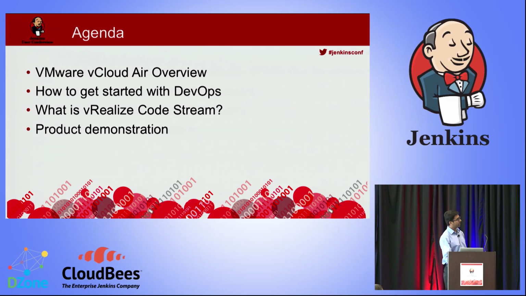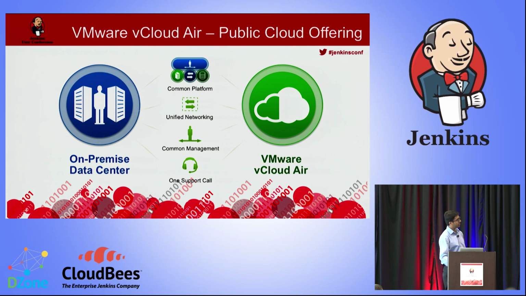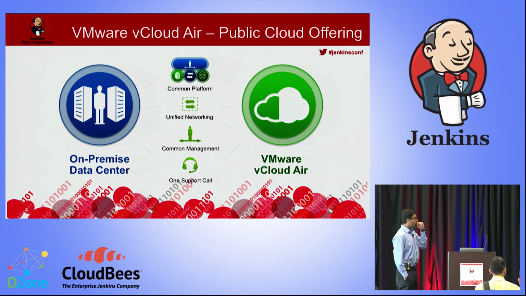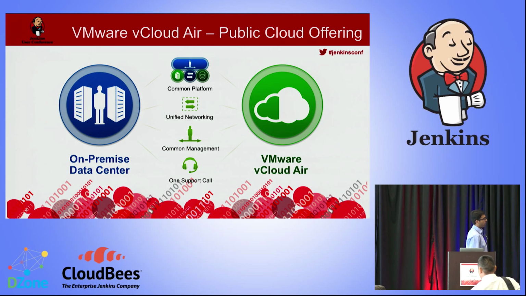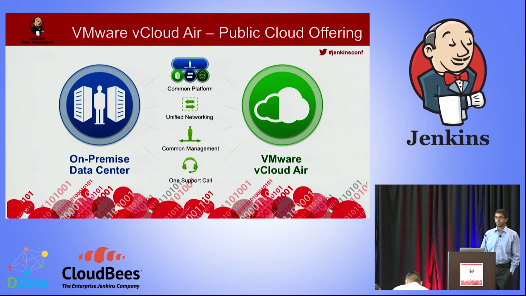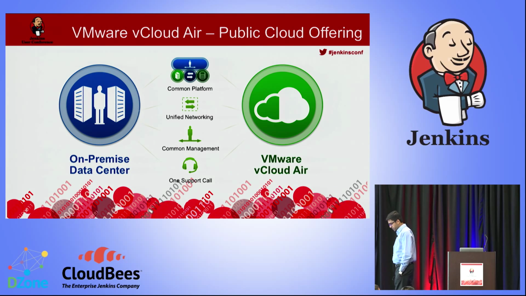So let's jump in quickly, with the amount of time left, to a quick overview of vCloud Air. VMware is known for its flagship product vSphere, and what we have been providing is a solution around ESXi and the virtualization of infrastructure and the management capabilities around it, looking into infrastructure as a service and moving towards a transformation of the software-defined data center journey.